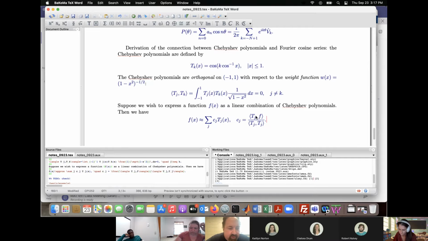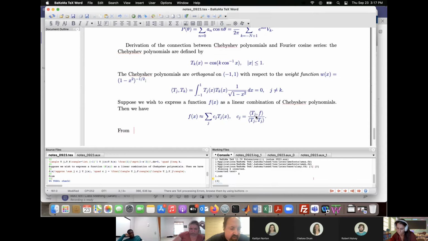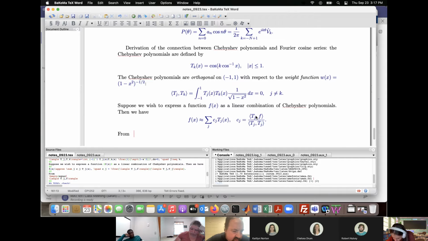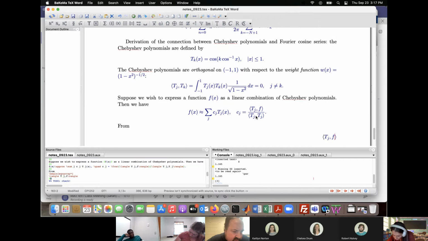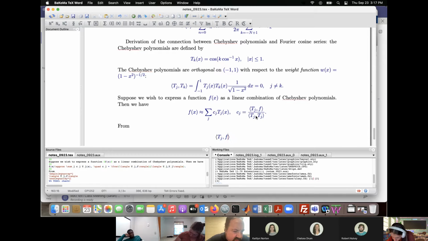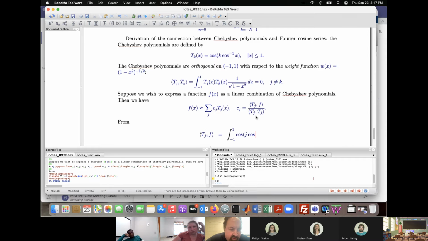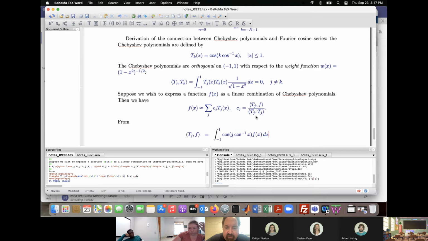But now if I want to take a look at this inner product, that's the integral from -1 to 1 of cosine of j inverse cosine x, f of x, dx.